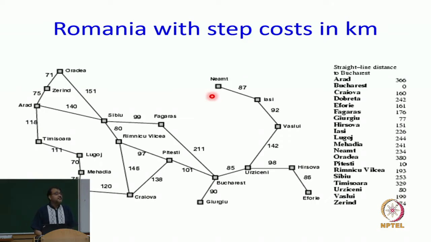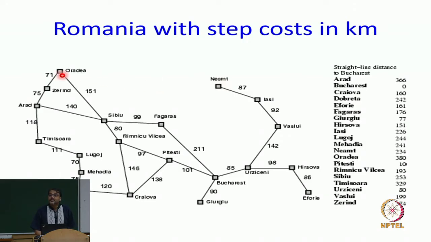So, from Iași, what are the cities I can go to? How many cities can I go to? 2. One of them is Vaslui and one of them is Neamt. Now, which of these has a better heuristic function with respect to Oradea?